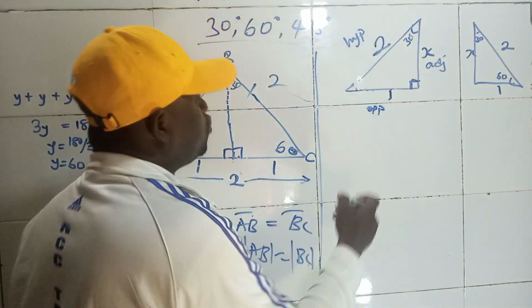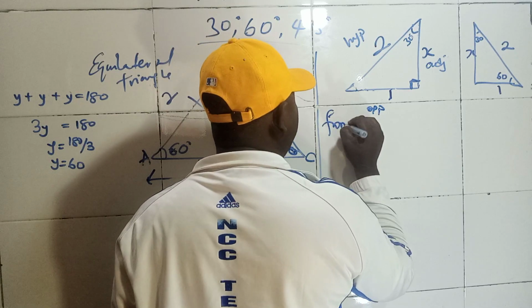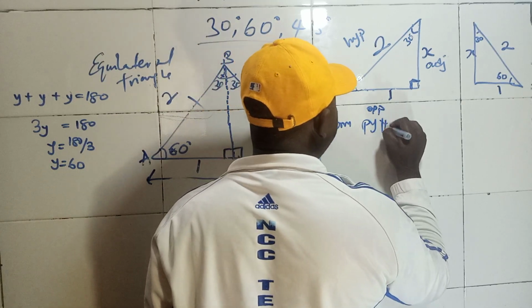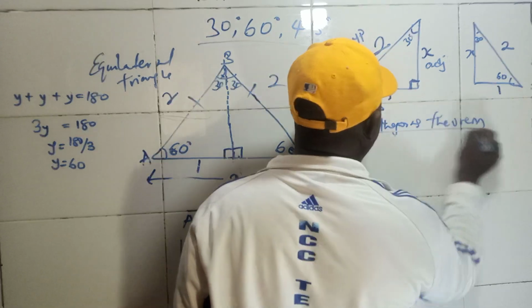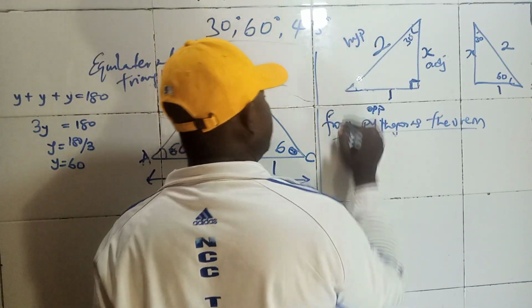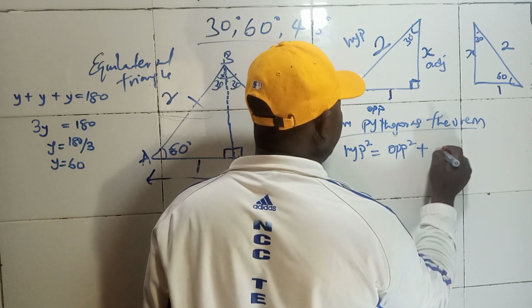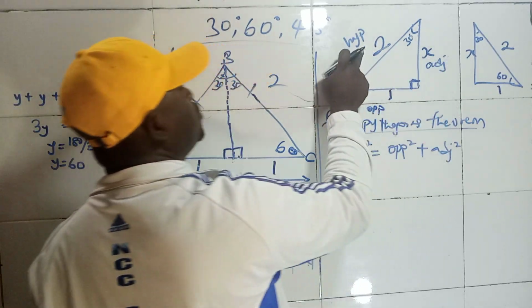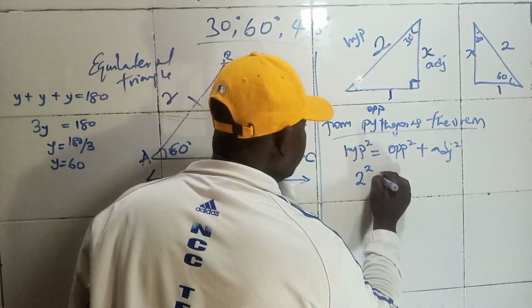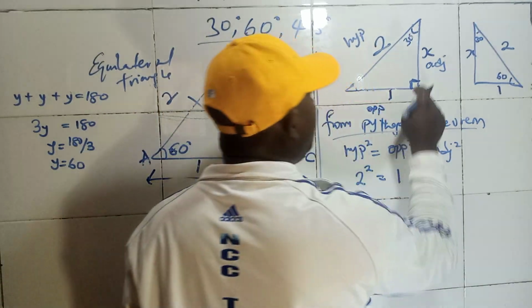So if we now go with this one, since it's the smaller angle, we now say that from Pythagoras theorem, hypotenuse squared is equal to opposite squared plus adjacent squared. What is our hypotenuse? 2. 2 squared is equal to, what is the opposite? 1. What is adjacent?